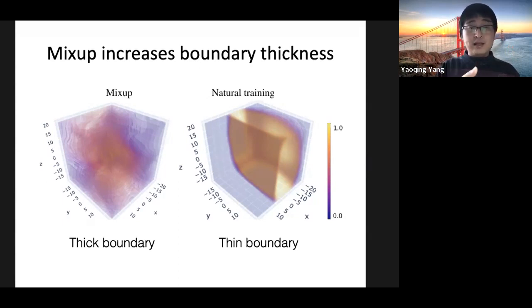But if you look at the left one, and you use the same definition to measure boundary thickness, you can see that the level set where f(x) equals 0.75 and the one that gives you 0.25 are separable. That is why I say that the decision boundary thickness in the left one is large.